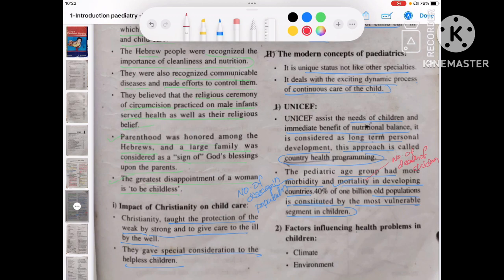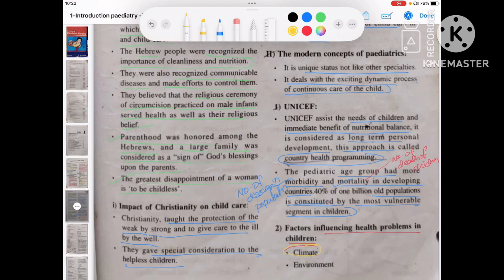Let's see the factors influencing health problems in children, that is, why children get disease or why they are dying. First is climate, which is very important: children living in a very cold or extremely hot area.